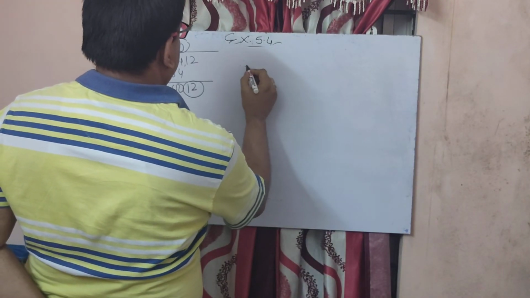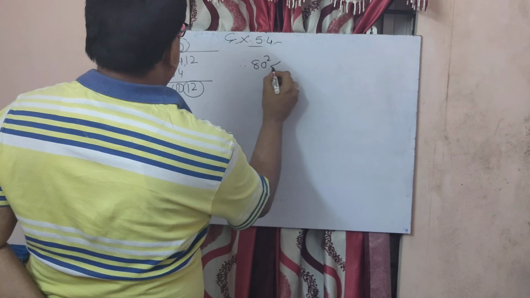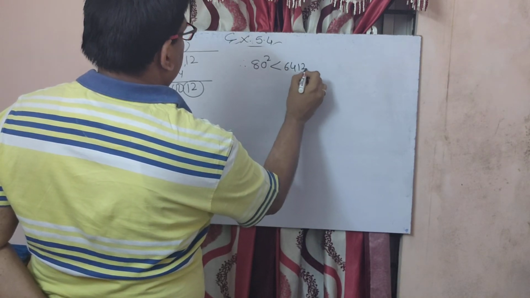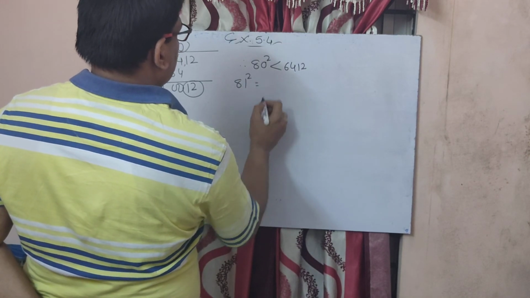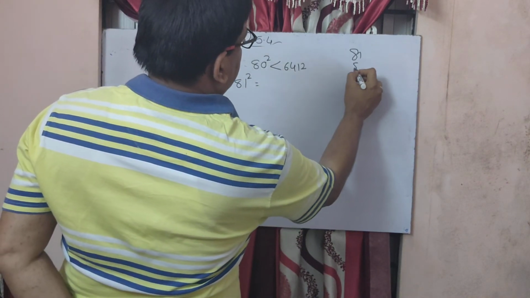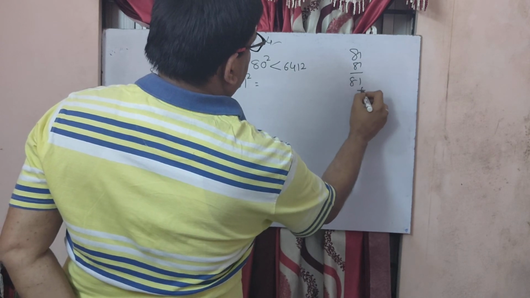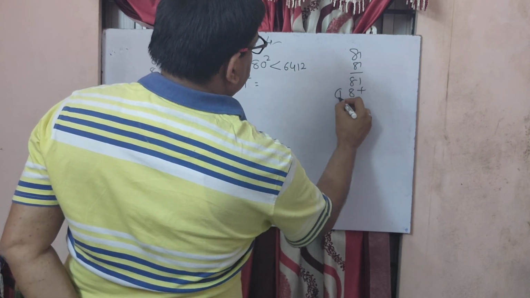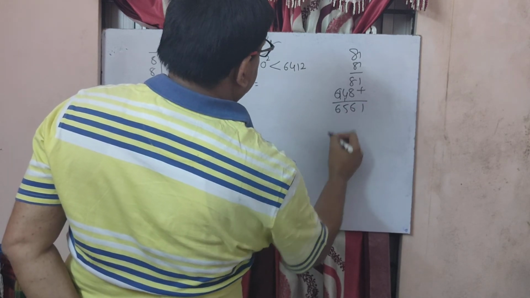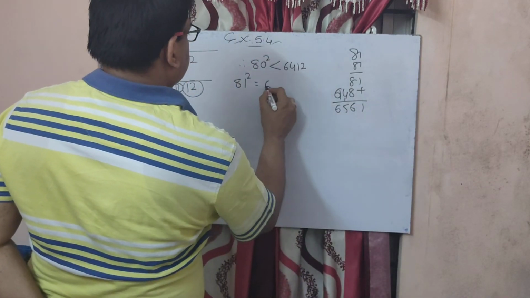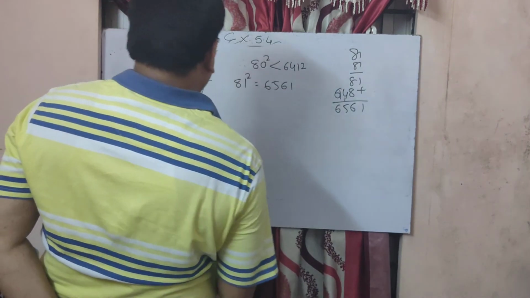Again same thing. 80 square is less than 6412. Therefore 81 square is equal to how much? 81 into 81. 1 1 is 1, 8 1 is 8, 8 8 is 64. 1 16 5 6, 6 5 6 1. 6561.